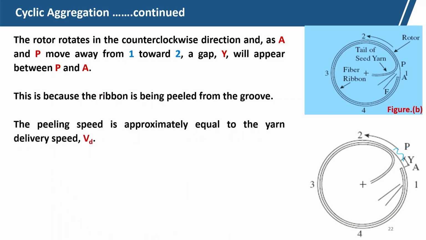The peeling speed is approximately equal to the yarn delivery speed. That is, for our assumption we assume it is equal. So, peeling speed, that is the circumference speed of the peeling point, is equal to the delivery point speed.